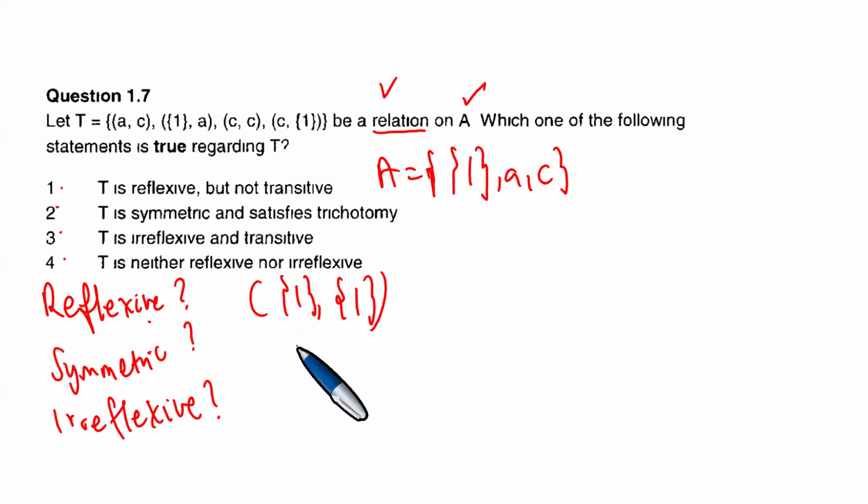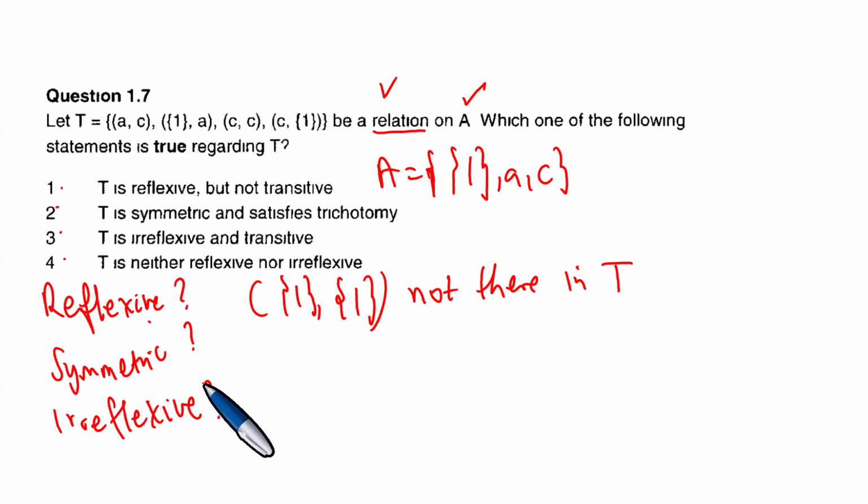This singleton would have to be related to itself, so if this is a relation on A, we would have to check if 1, 1 is there. Clearly, it is not there. This element is not in T, and this is our conclusion.